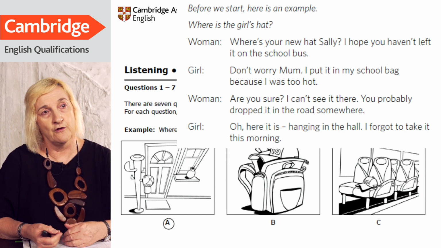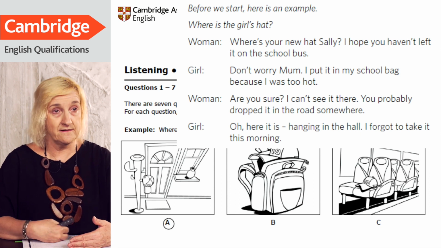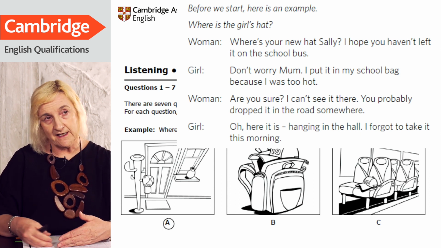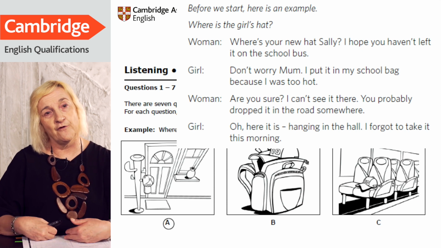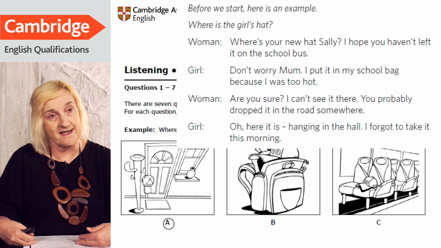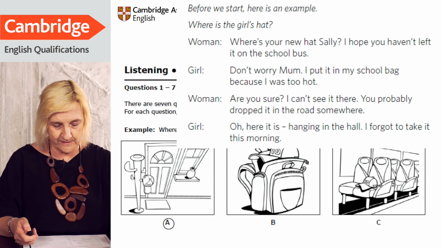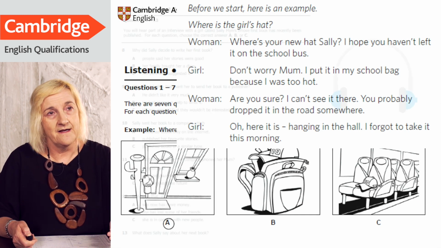You can use the tape script as part of your lesson, helping students look at the text and identify where they're finding the answer in the text. So again, a useful tool for the teacher for developing listening.